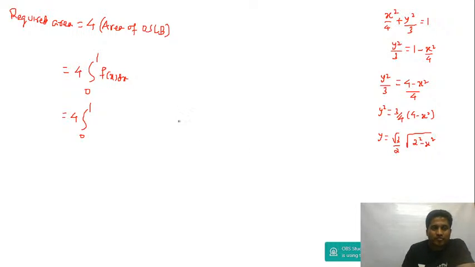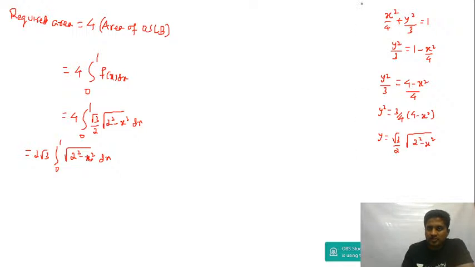Now I'm going to substitute, guys. So this is equal to root 3 by 2 root of 2 square minus x square dx. So this will be equal to 2 root 3 integration 0 to 1 root of 2 square minus x square dx.